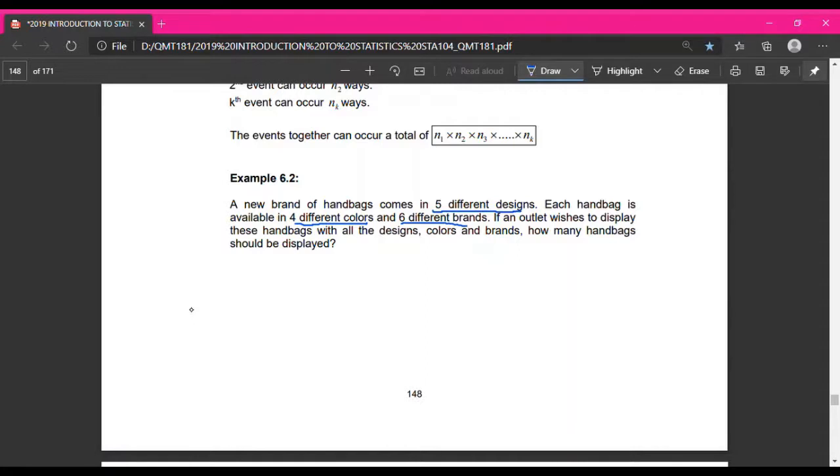So you just want to know how many outcomes will occur, or how many handbags should be displayed. The first event is 5 designs, colors 4 and brands 6. So just multiply every way that will occur for every event. So it will be 120 handbags with different design, color and brand.